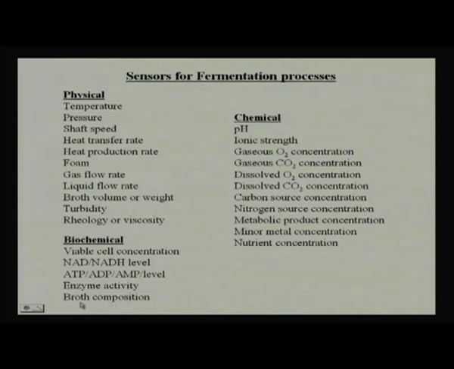Enzyme activity and broth composition can also be sensed with sensors which are already available and used in the fermentation system. Now, please note that whatever I am talking about, these systems are all aerobic processes.